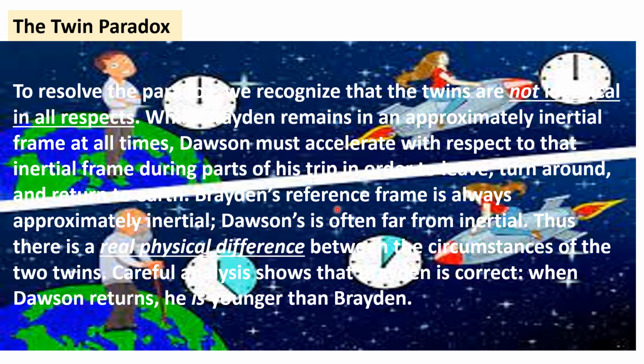Brayden's reference frame is always approximately inertial. Take note that Brayden stayed on Earth, so he is in an inertial frame of reference. Dawson is quite far from being in an inertial frame. Thus, there is in fact a real physical difference between the circumstances of the two twins.